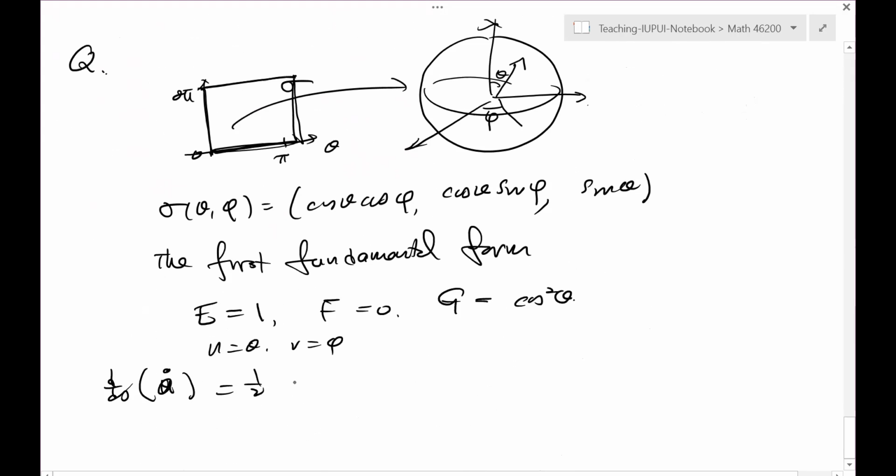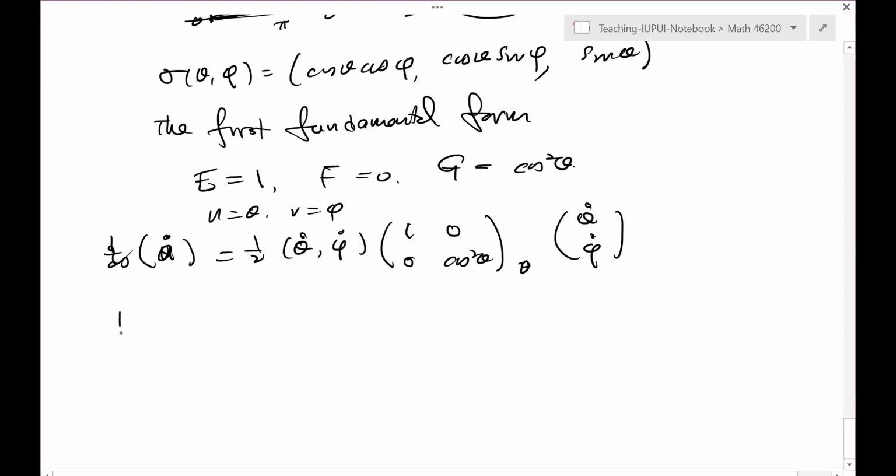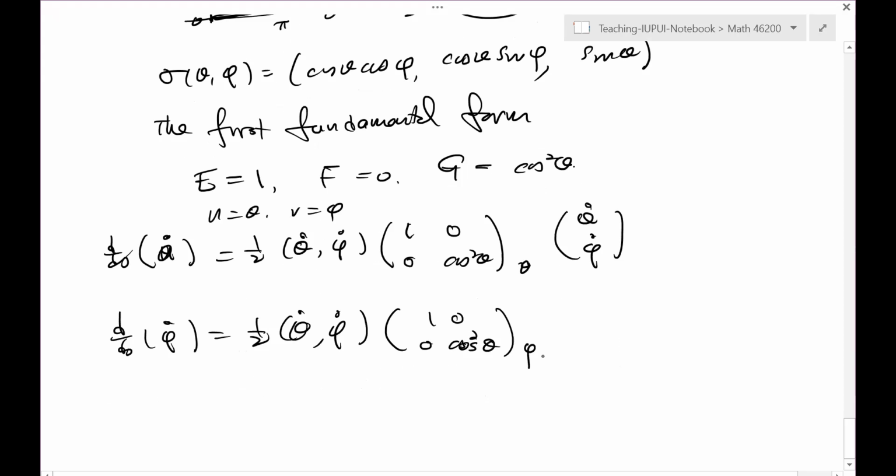Half of theta dot, phi dot, and the matrix 1, 0, 0, cosine square theta, that's for theta. And the second one, 1, 0, 0, cosine square theta, that's for phi.